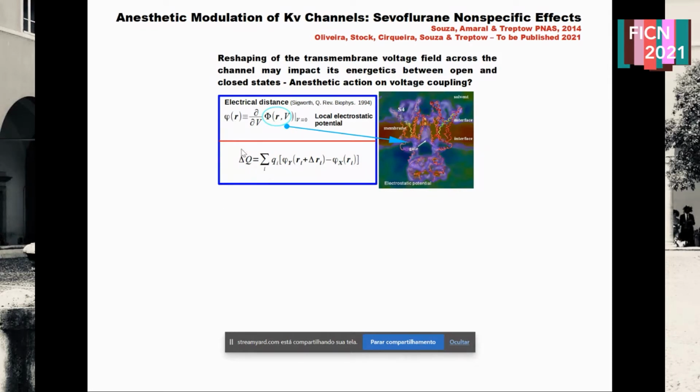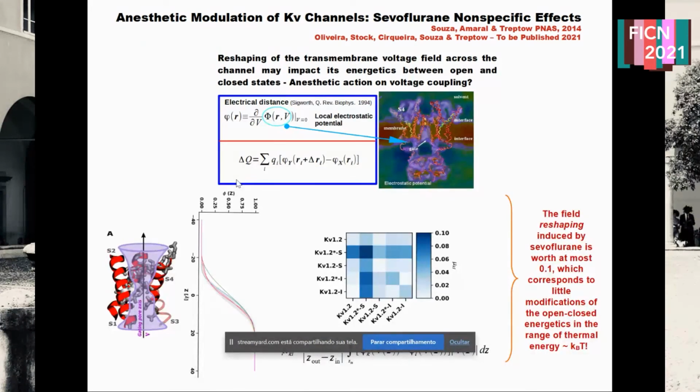As I mentioned before, the gating charge accounts for the electrical displacement of every protein charge across the transmembrane field. And by electrical displacement, I specifically mean changes in the electrical distance of the protein charge, or necessarily the coupling of the local electrostatic potential with the external voltage. So under this consideration, the condition that sevoflurane does not impact the gating charge of the protein means necessarily that it does not change the coupling of the protein with the external voltage.